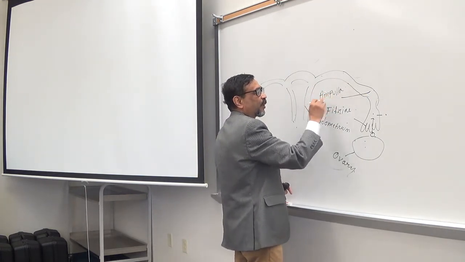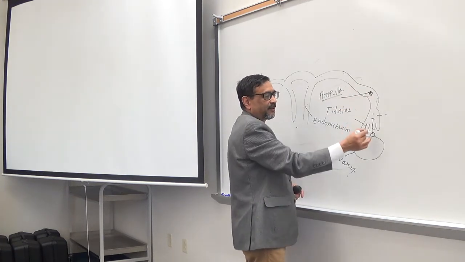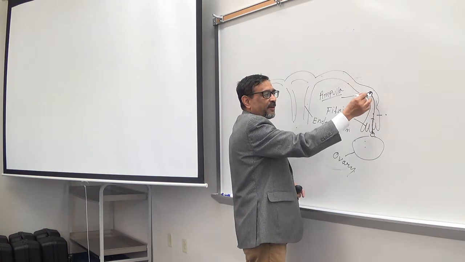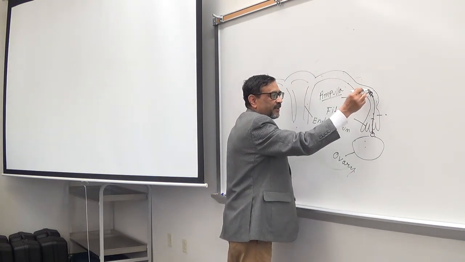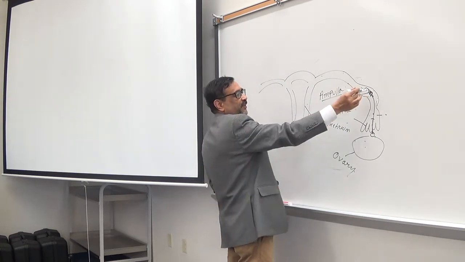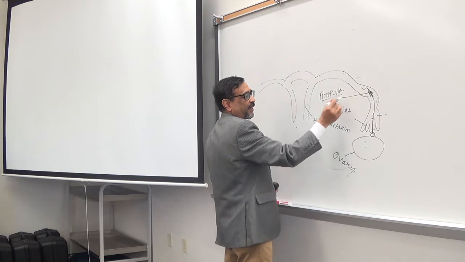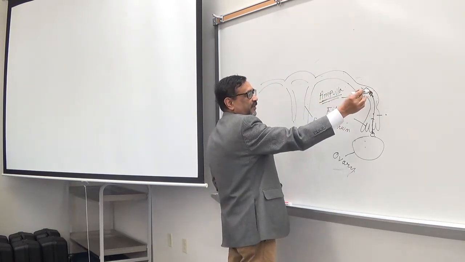Ampulla. Why is this important? Because when the ovum arrives here, most of the time, if fertilization occurs, it occurs here. So this is the sperm, this is the ovum, and at the ampulla, fertilization occurs.